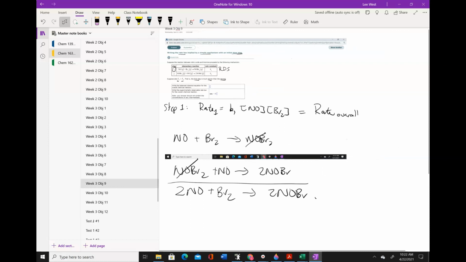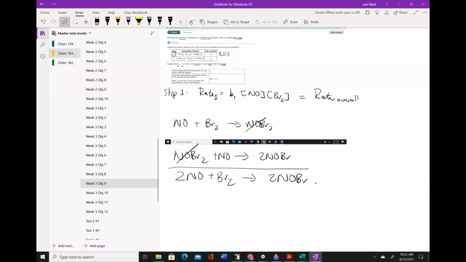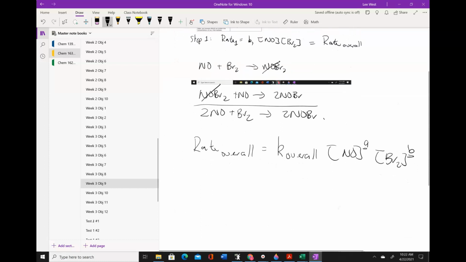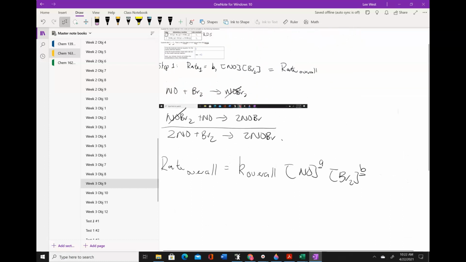Now, what I know is that the rate overall is going to have a rate law like this. It's like k overall multiplied by NO to some power a, multiplied by Br2 to some power b. And that's just like we would normally have for a reaction.